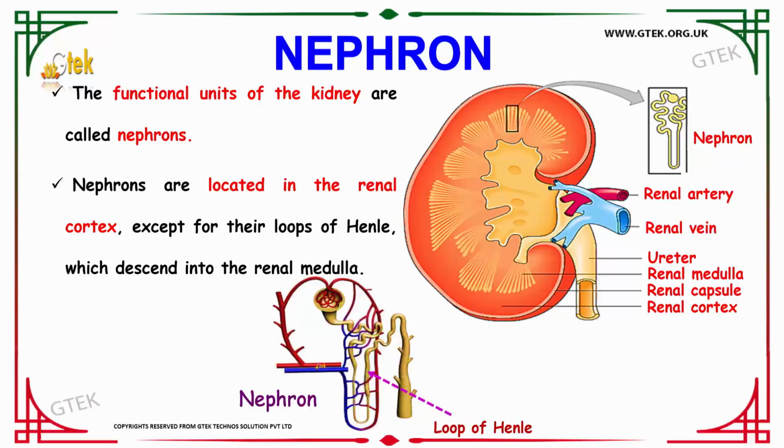So your nephron has the arteries which enter into the glomerulus, and this region is known as the loop of Henle. So the glomerulus is located mostly in the renal cortex, and the loop of Henle is located in the region of renal medulla.